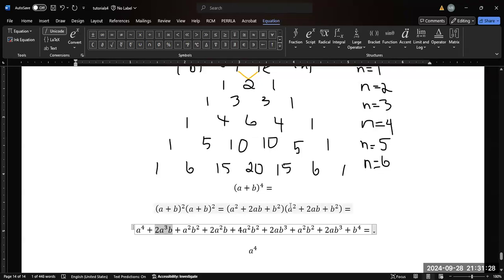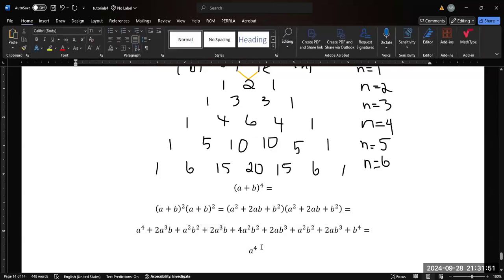A squared times a squared, that's a to the fourth. And this is a squared times b squared. That one's fine. 2ab times a squared, yeah, this one is a cubed. So that'll be 3a's. All right, so then that gives me plus 4a cubed b.